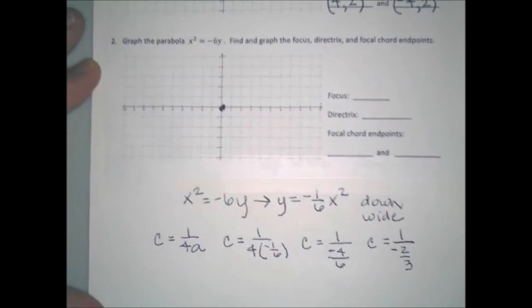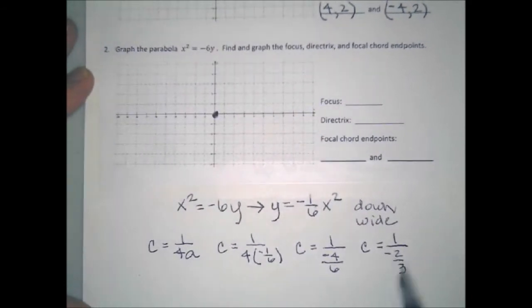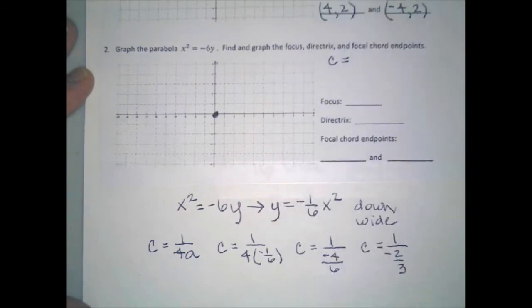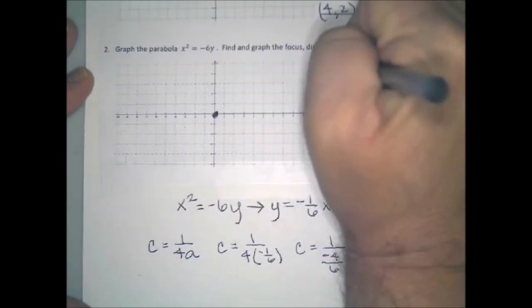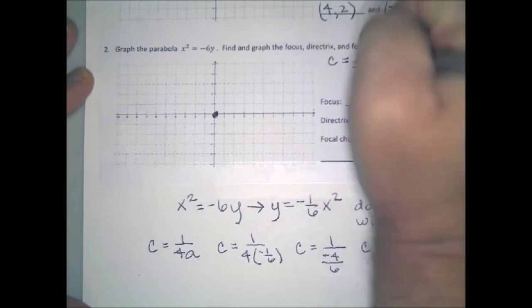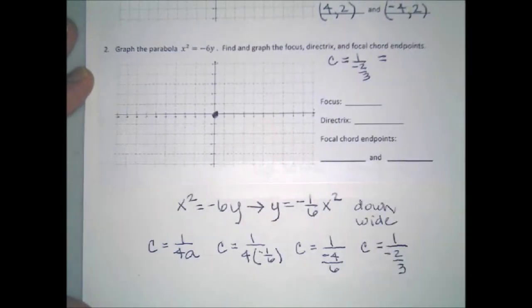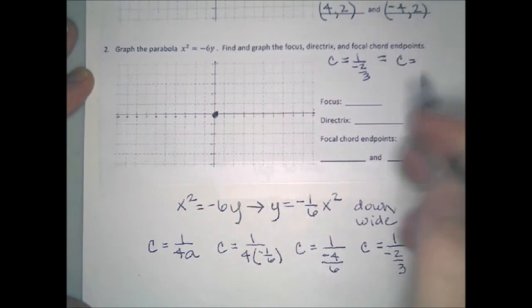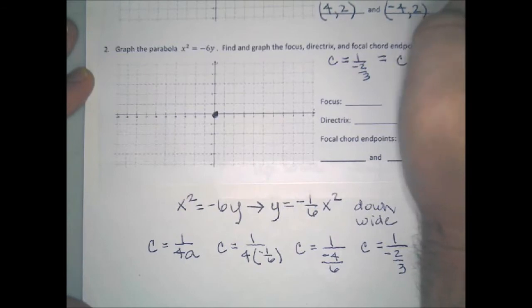And from that algebra practice that we did, we know that if C equals 1 over negative 2/3, then C equals the reciprocal of that and negative, so negative 3/2.